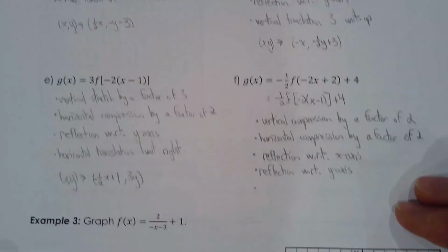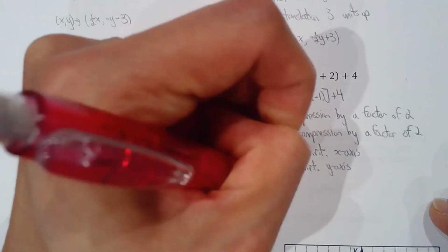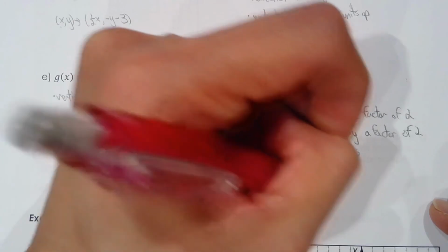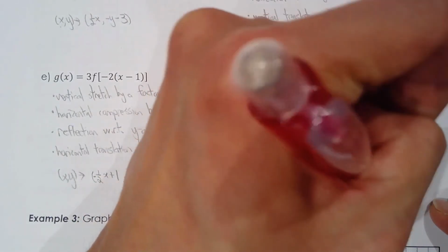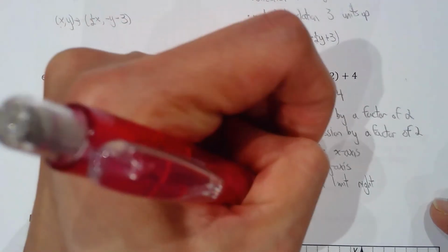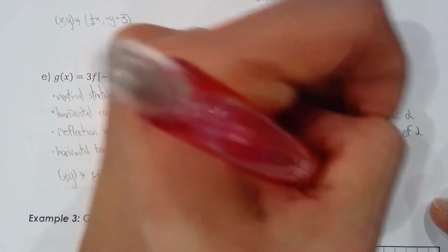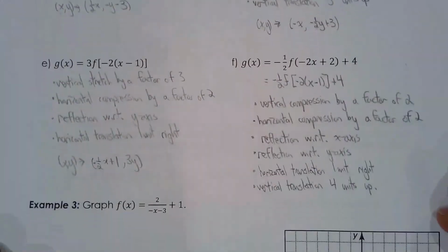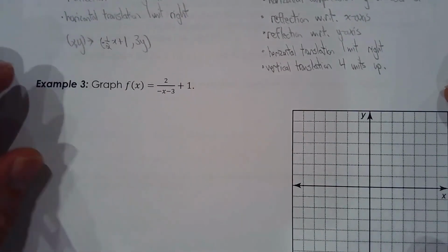We're going 1 unit to the right, so horizontal translation, 1 unit right, and vertical translation, 4 units up. Okay. Whew. Oh, I forgot the mapping rule.